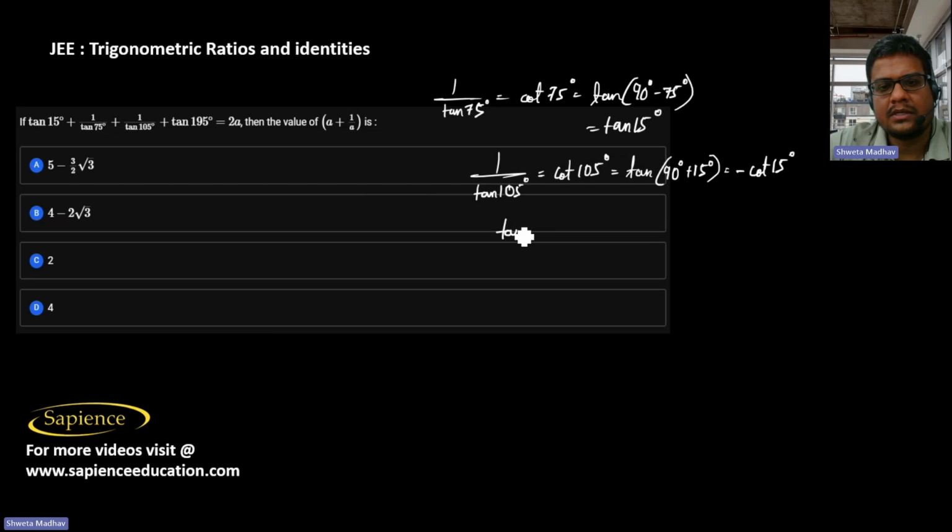And then tan 195 degree can be written as tan (180 plus 15 degree). So in the third quadrant tan is positive, so it will be tan 15 degree only.